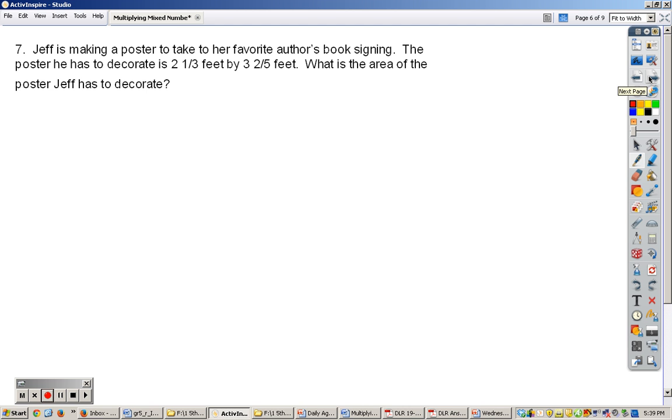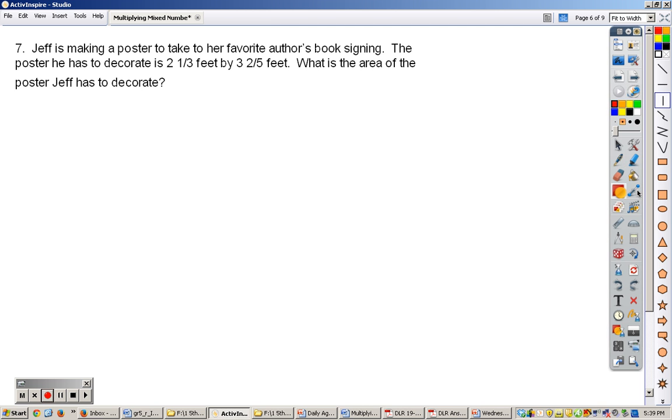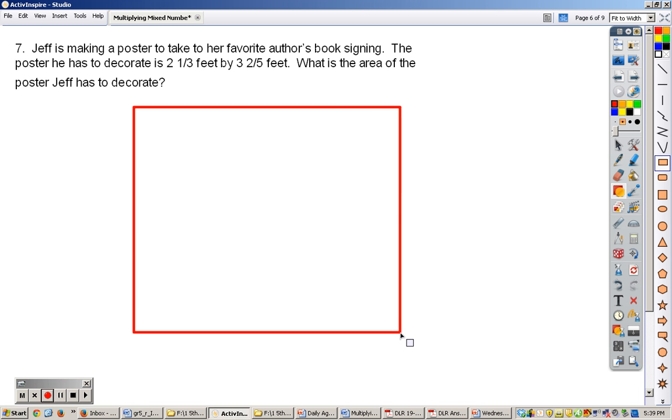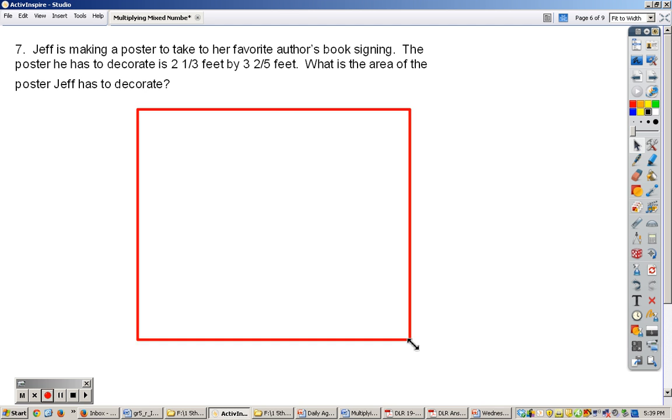Now, number 3, I'm going to do an array to show you how to do an array again. Give me another example of doing an array. So I'm going to make my array. So 2 1/3 by 3 2/5. Remember, I have to measure, so I'm going to adjust the size here a little bit.